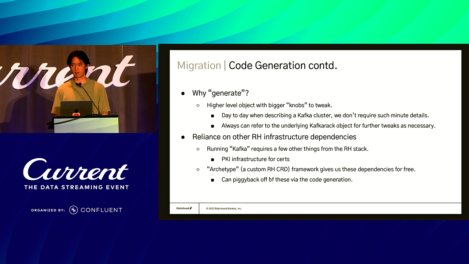The framework gives us some of these code generations and dependencies for free, and we can piggyback off of them via the code generation steps we explained before. So we don't need to reinvent these sidecars, or how to inject them with the correct CPU and memory requests that our central team manages.